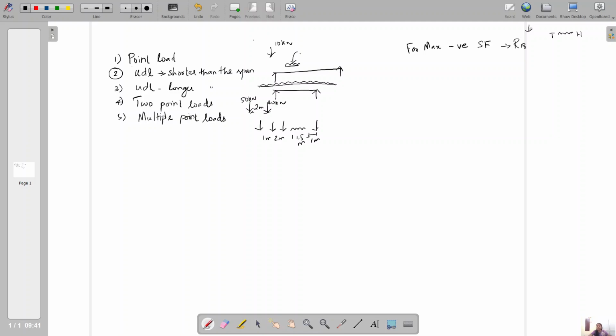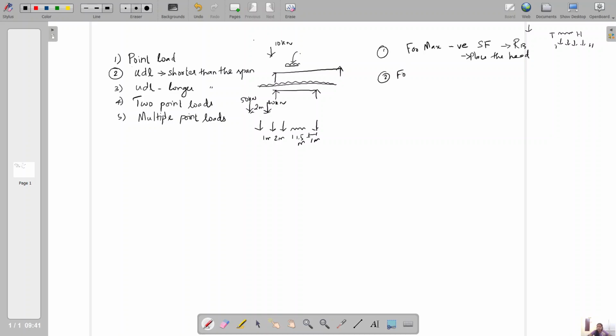It is a single point of contact. But UDL will have head and tail, and the multiple point loads also will have head and tail. If it is head and tail, for maximum negative shear force, place the head. So it is a general criteria we have to follow.